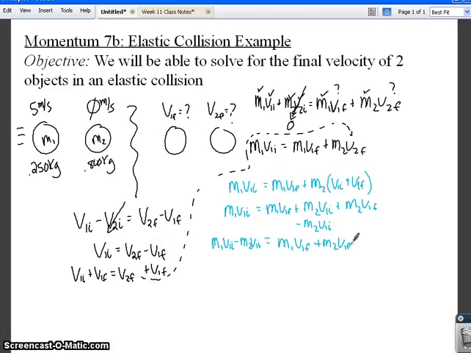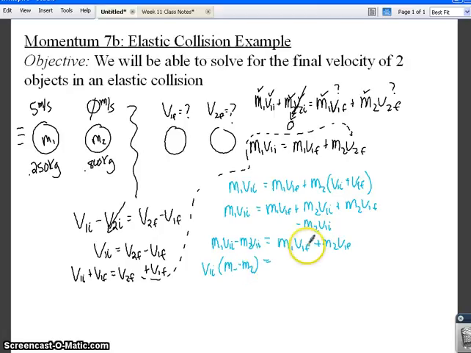And you might notice now that I actually have some of the same terms. On this side, v1I is the same: v1I times (m1 minus m2).